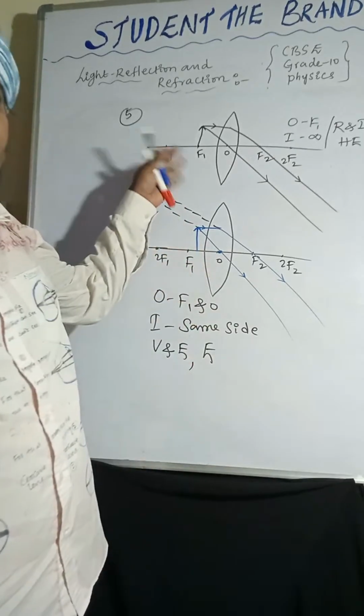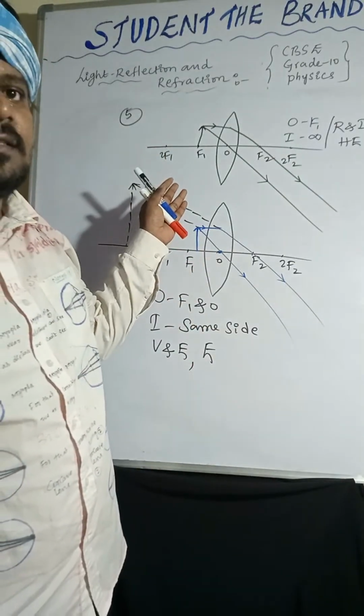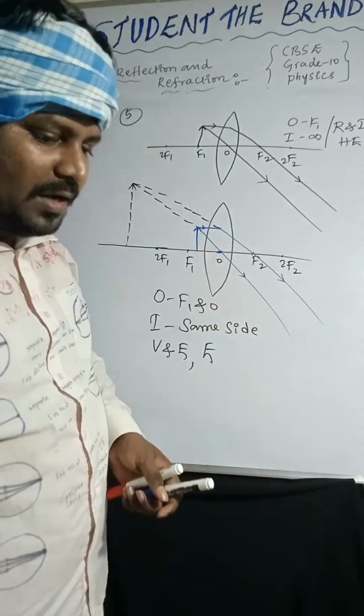So this is about the convex lens. Now we will explain the concave lens.